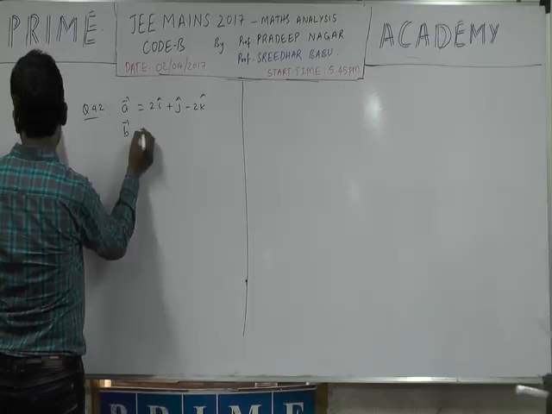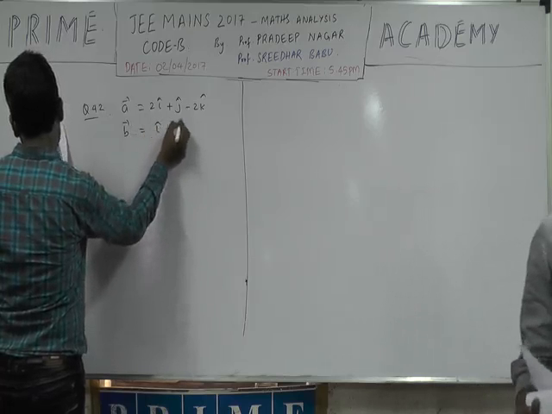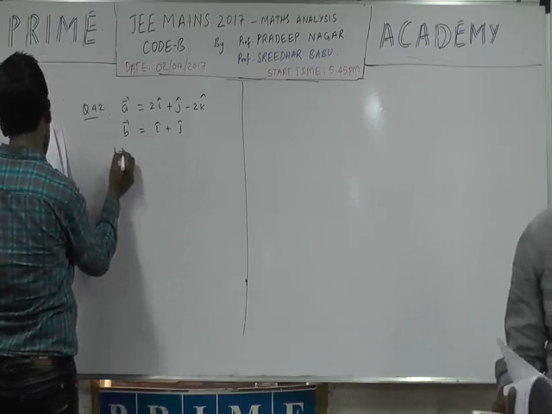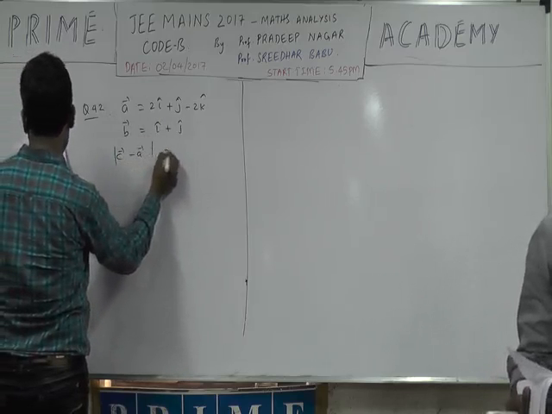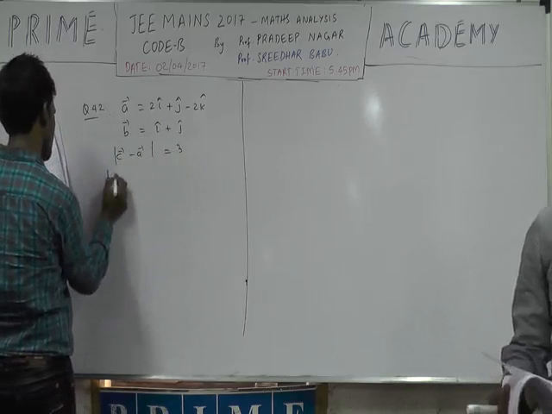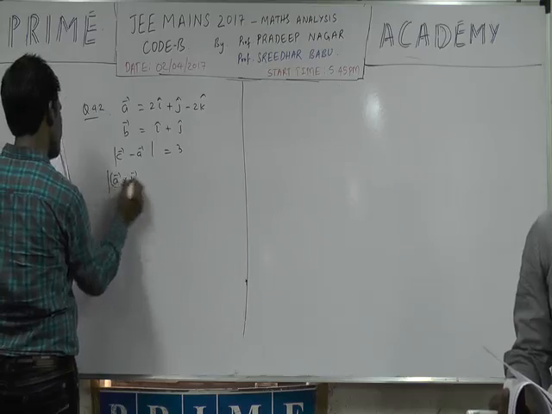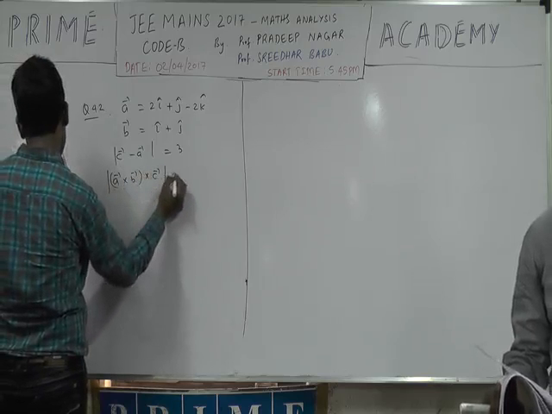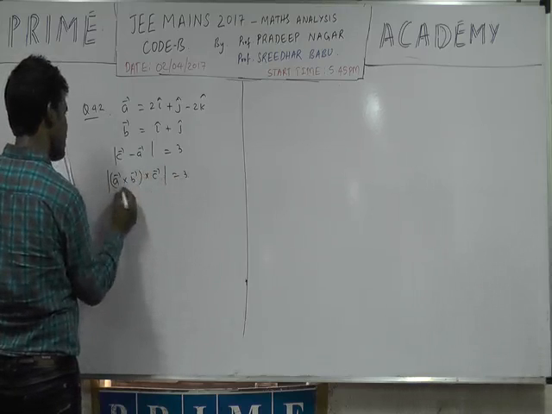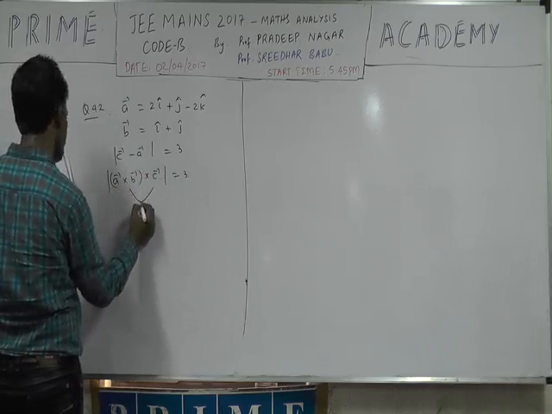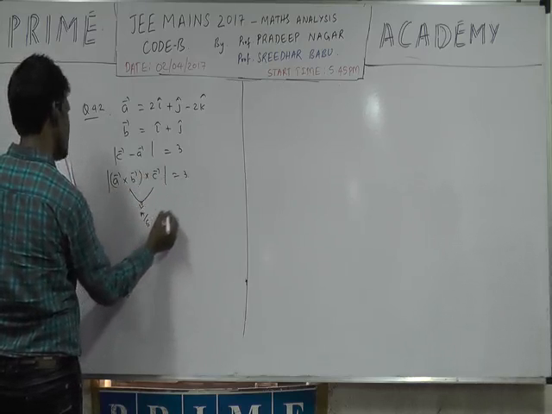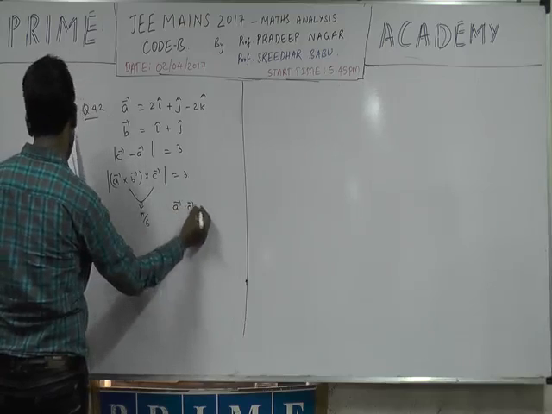B is given as i cap plus j cap, and C is given under this condition. And they are saying that mod of A cross B cross C is 3. The angle between these two vectors is given as pi upon 6. Then they are talking about A dot C.